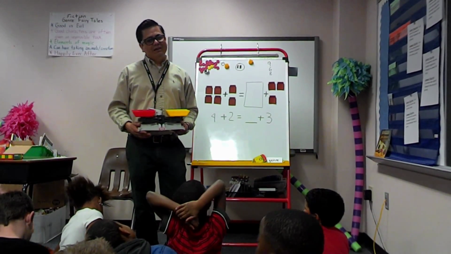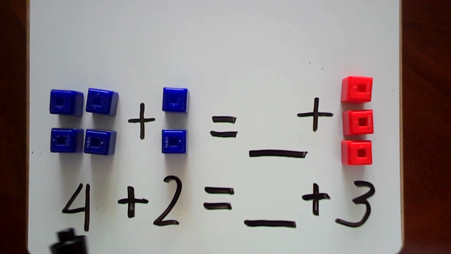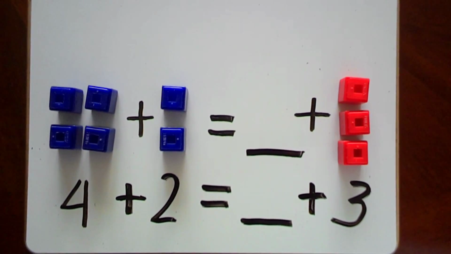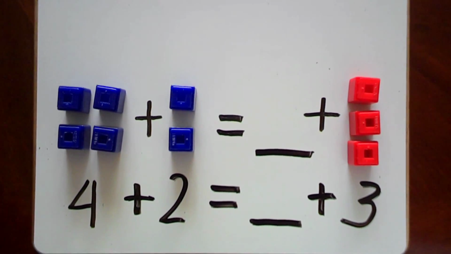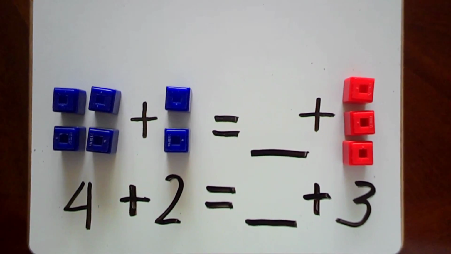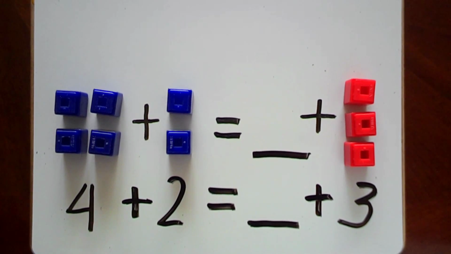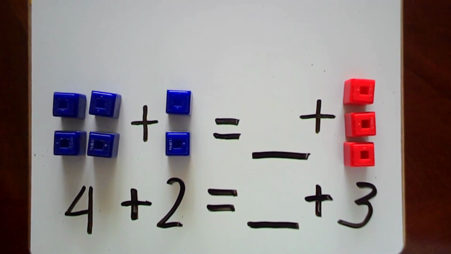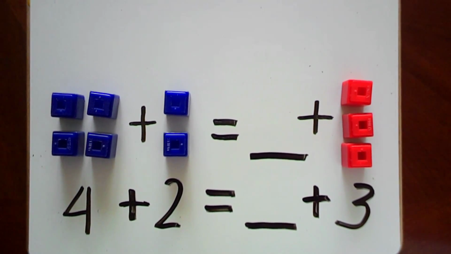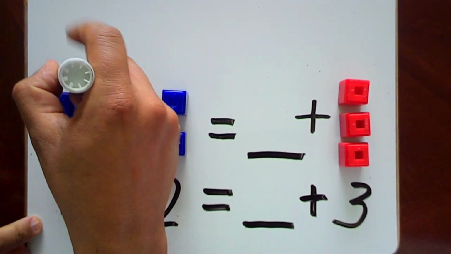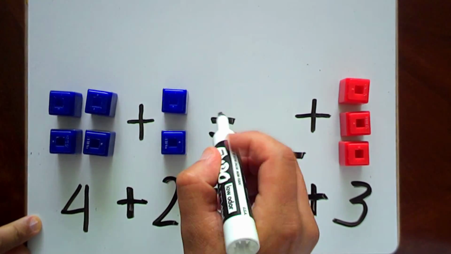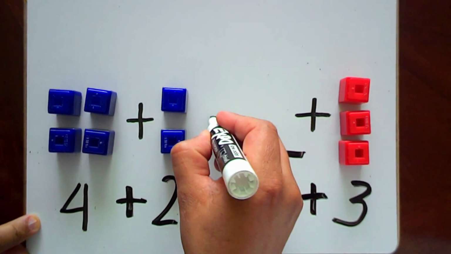To make it equal. So just like this mathematician said, for a balance scale to be even, both sides of the scale need to have the same quantity. And if they don't, then we have to find a way to make them equal. So here are our equations, and this is the equal sign.